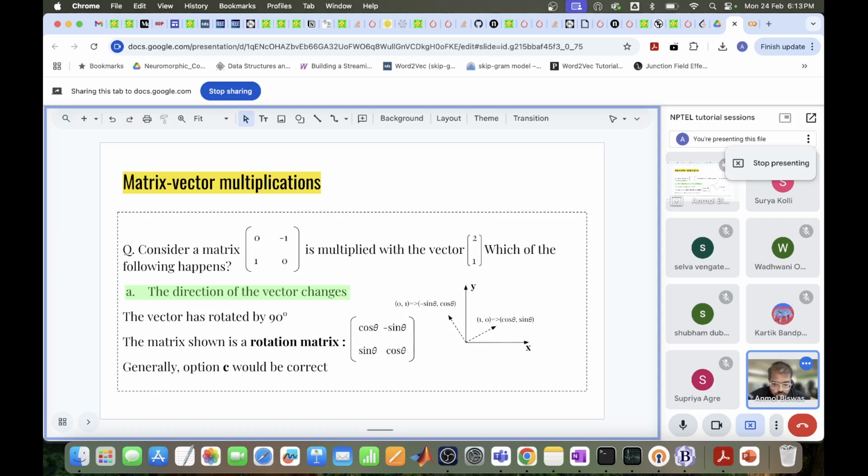And we can clearly see, in fact, that the amount of change in the direction is actually nothing but 90 degrees, right? So it has been rotated by 90 degrees. And in fact, this matrix that I have presented here is a special kind of matrix. It's called a rotation matrix, right?